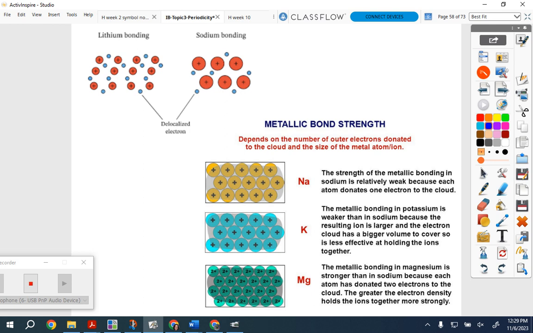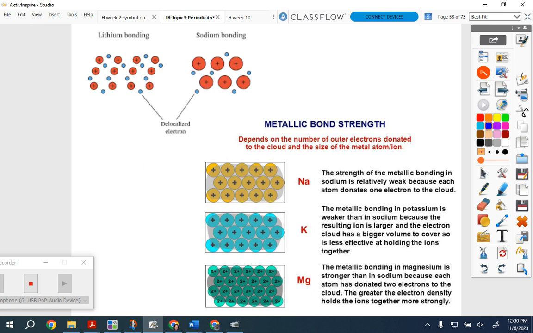But we do have an increase in the melting point going across within the metals, because as we go across from, say, sodium to magnesium to aluminum, we have a bigger charge. So we have the same number of energy levels, but we have a bigger charge.